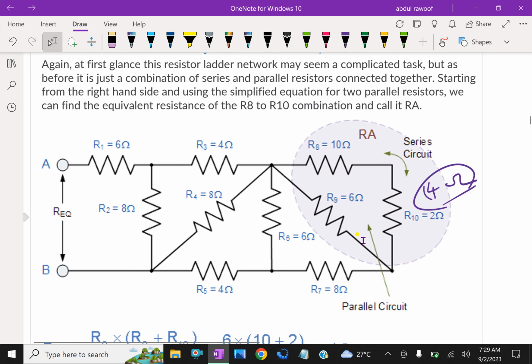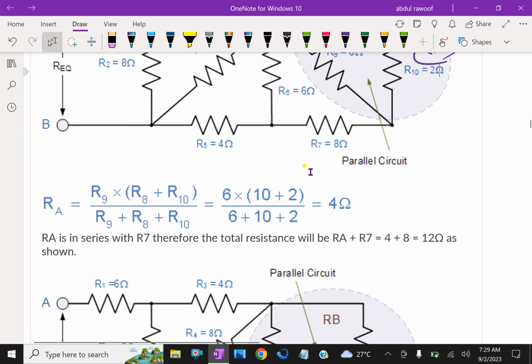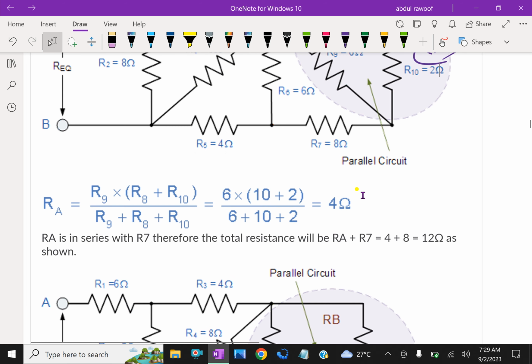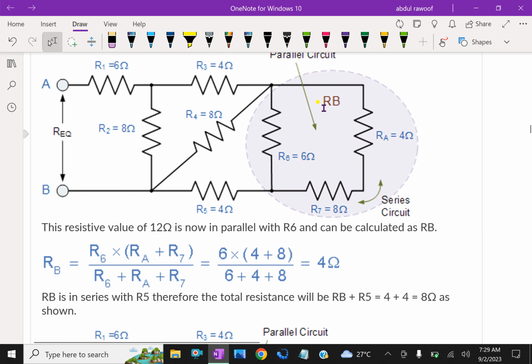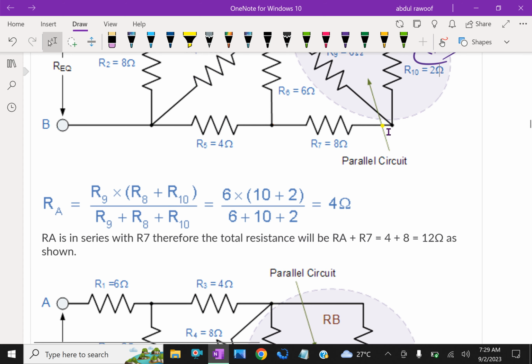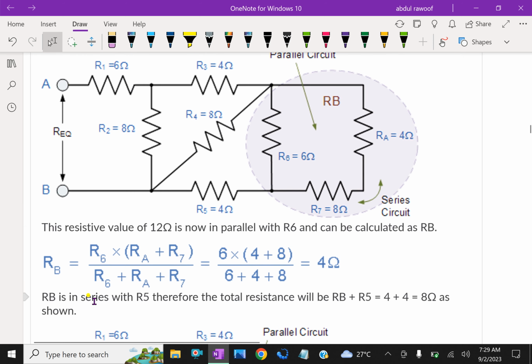Then this 4 ohm is combined with R6, which is 6 ohm, in parallel. Now we are calculating RA with this RB. This shaded part that we calculated becomes a single resistance of 12 ohm, combining these three things. That is RB.